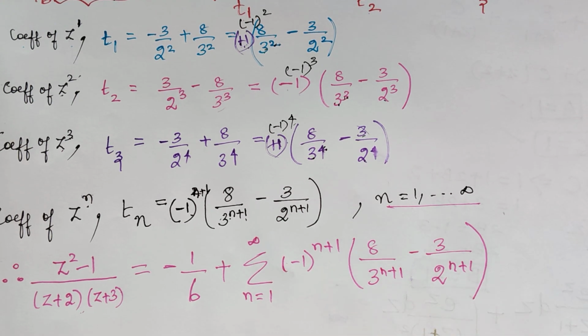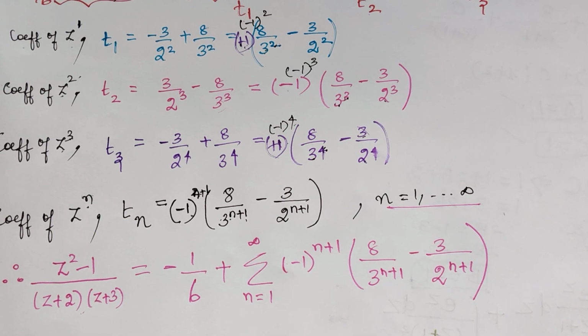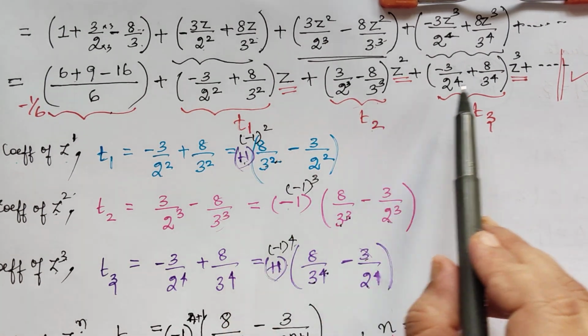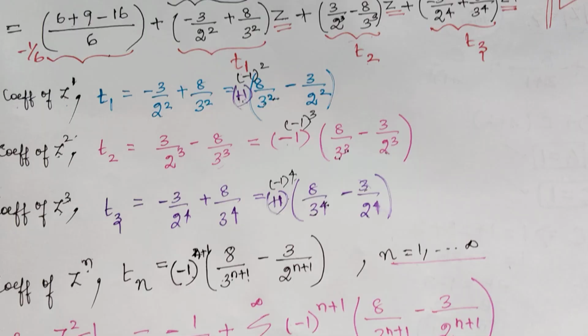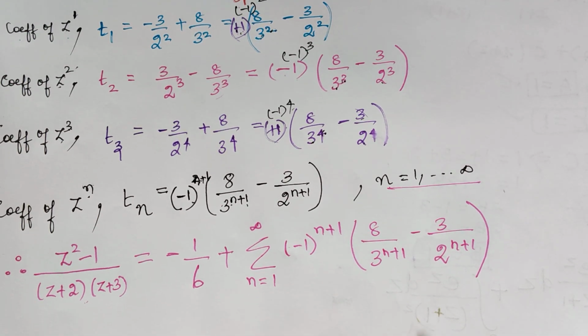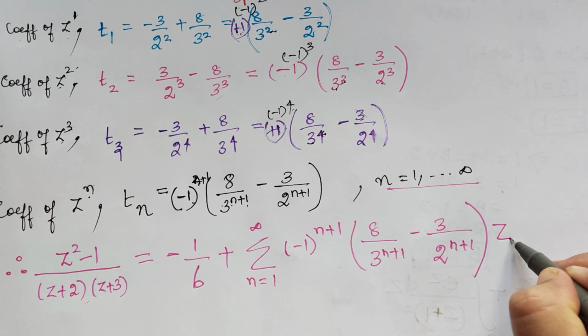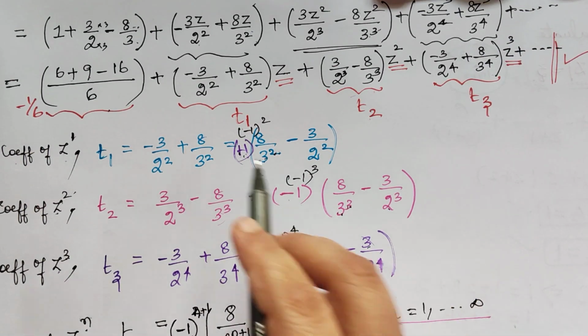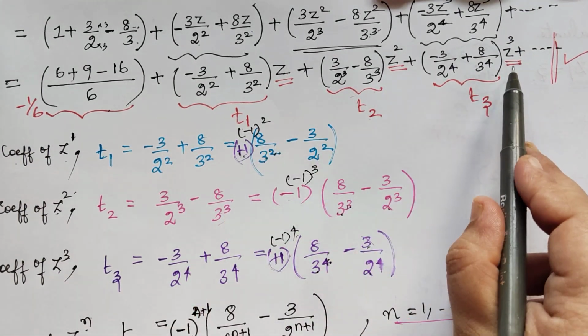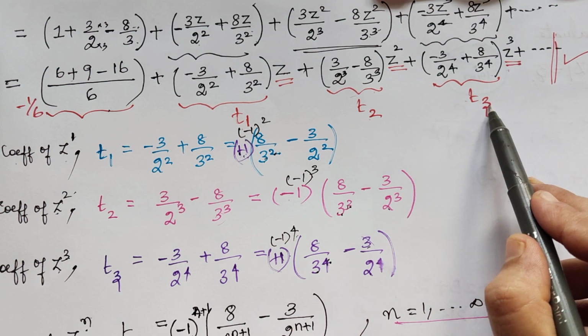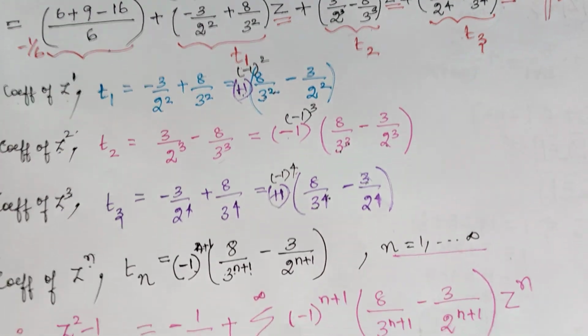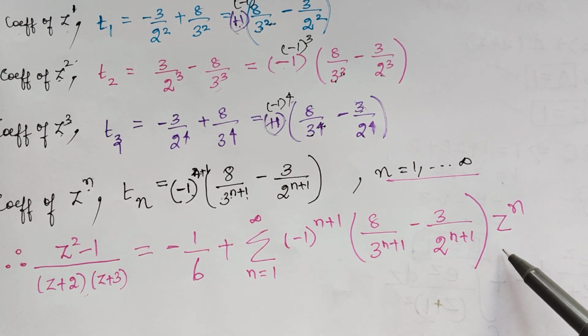Now if you give values for n, you will get each of these terms. You can try it reversely and check whether your answer is correct. These terms are multiplied by z power n, because when n is 1 it is z, then z square, z cube, and so it goes on. So the Tn term has to be multiplied with z to the power n.